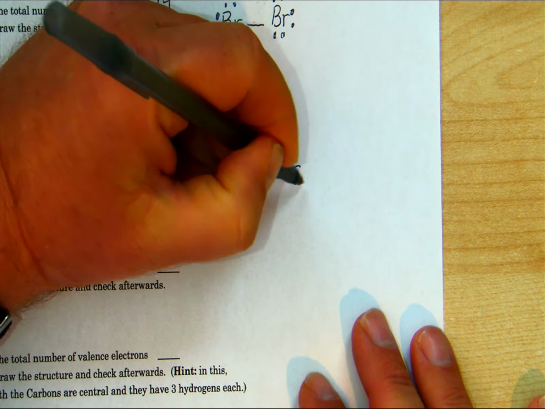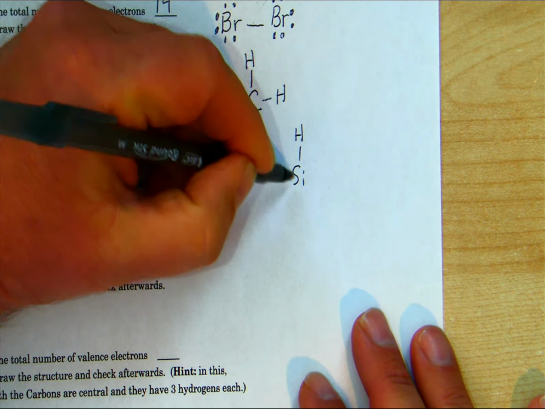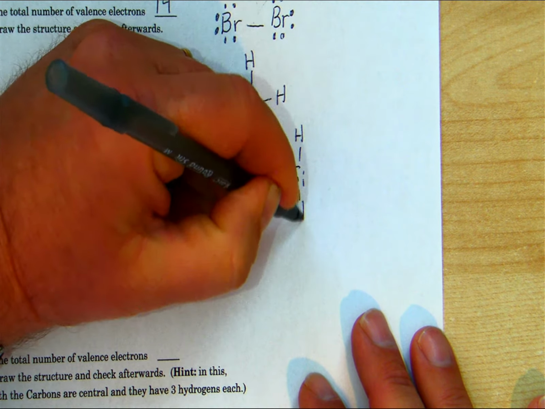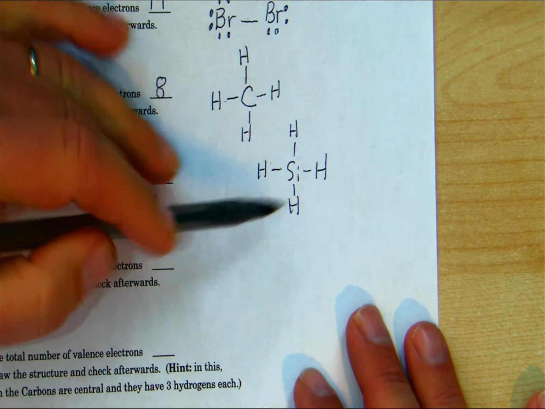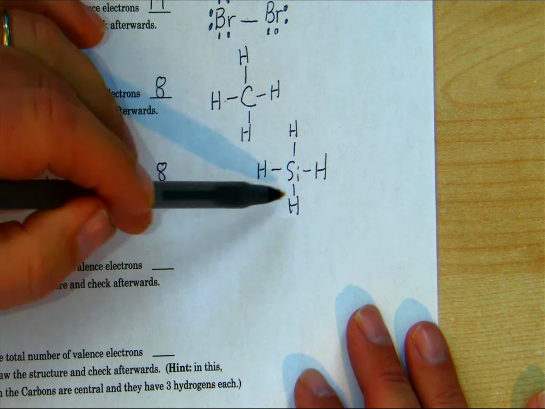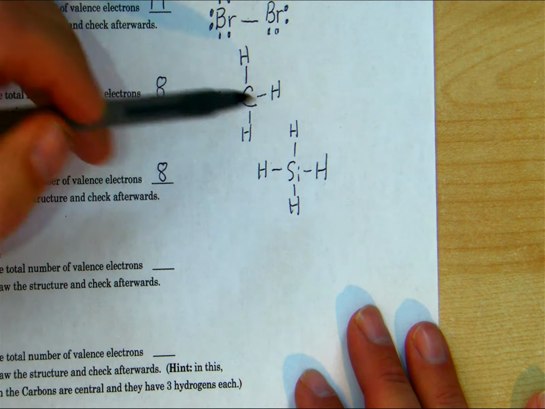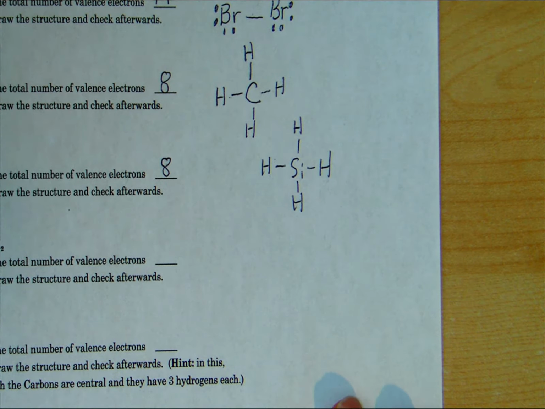And I would say that there is no difference in substituting the silicon for the carbon in the structure that we generate. So here I'm using up 8 electrons in 4 pairs. Each hydrogen has 2 electrons by sharing. The silicon has 8 electrons by sharing. Life is good.